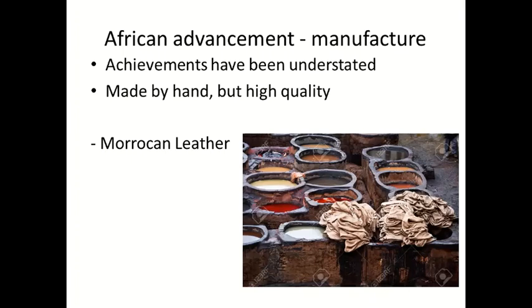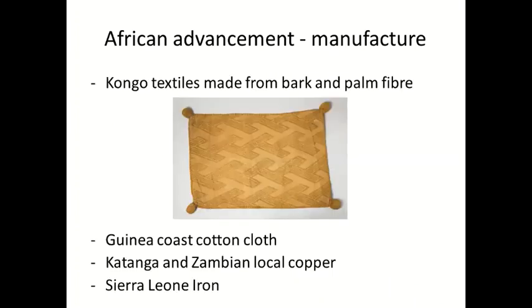Moroccan leather, which were tanned and dyed by Hausa and Mandinka specialists in modern day Nigeria and in Mali. We had Congo textiles, which were made from bark and palm fiber.